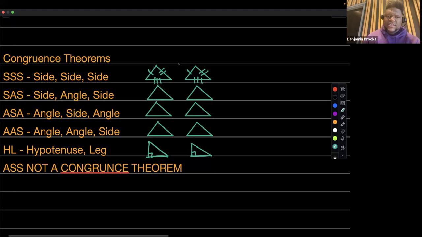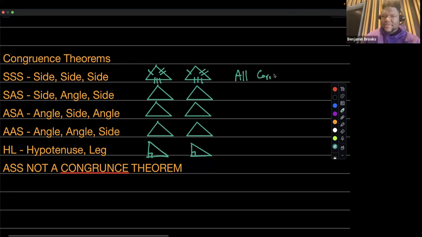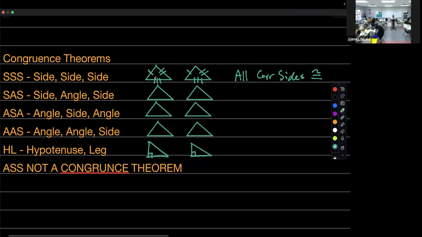So basically all it says is that all your corresponding sides are congruent. That's literally all side, side, side means.